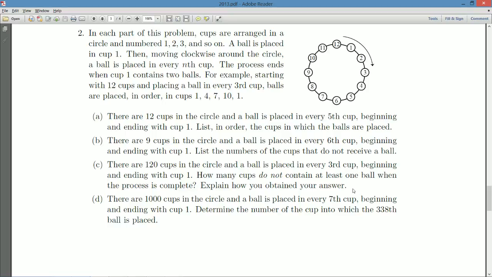Okay, so we've seen with 12 cups, going every 5th one, we hit every single cup. And it took 12 steps to get back to 1. And the reason for that is, what's the best way to explain it?